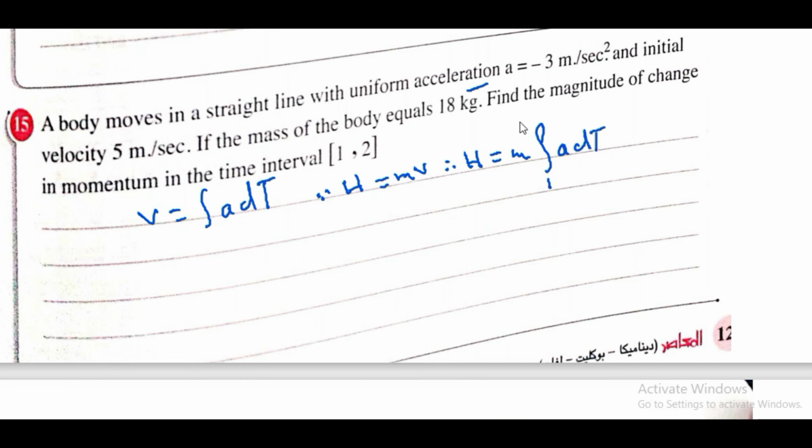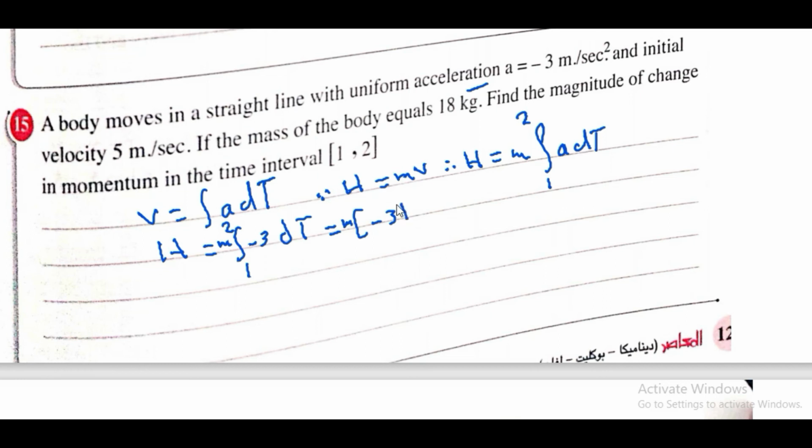H equals the change in momentum equals integration of negative 3 dt from 1 to 2, equals negative 3t. We have m, negative 3t from 1 to 2.